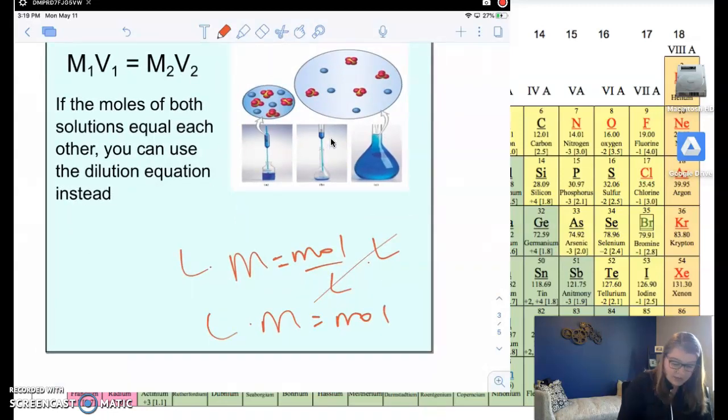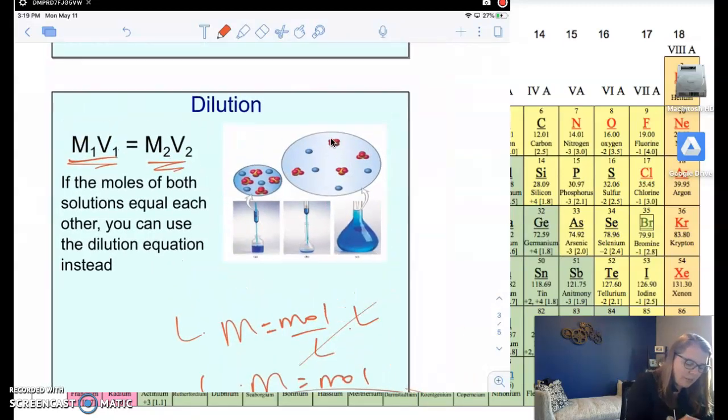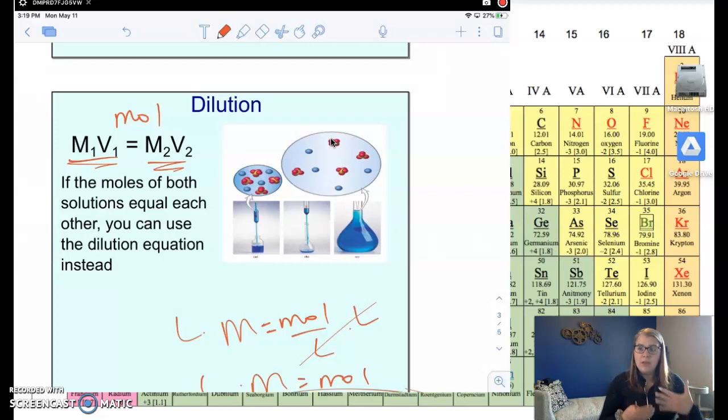Liters is a measurement of volume. So if I rewrite this, see what's happening? Molarity times volume equals molarity times volume. Essentially, molarity times volume is equal to moles. So if these two solutions have the same number of moles, you can fluctuate the molarity and the volume accordingly to get them to still equal one another.